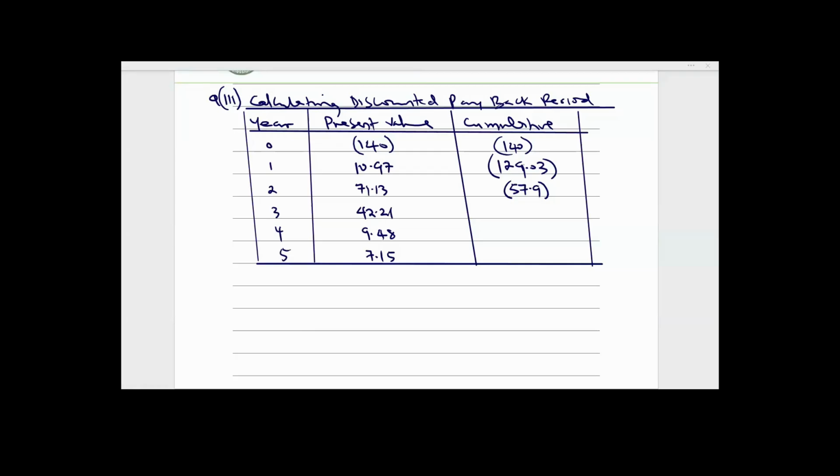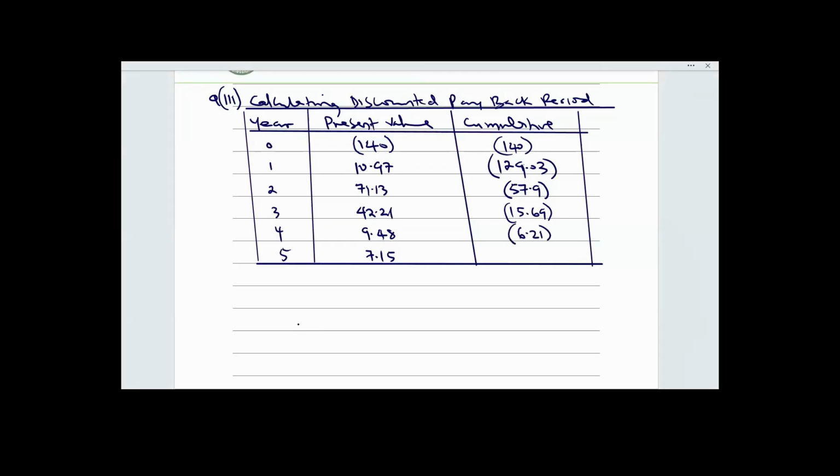So we have 15.69. 15.69 minus 9.48 equals 6.21.